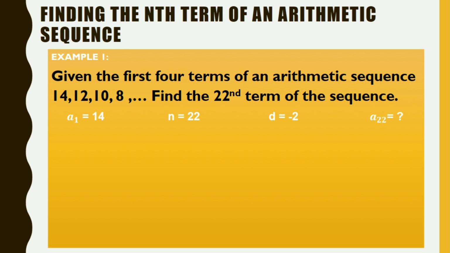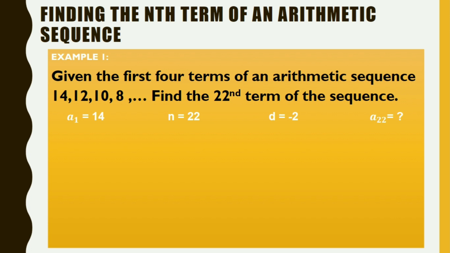A sub 1 is equal to 14, n is equal to 22, since we are dealing with the 22nd term, and our common difference is equal to negative 2. Why? Because 12 minus 14 is equal to negative 2, 10 minus 12 is equal to negative 2, 8 minus 10 is equal to negative 2, and that is our common difference.